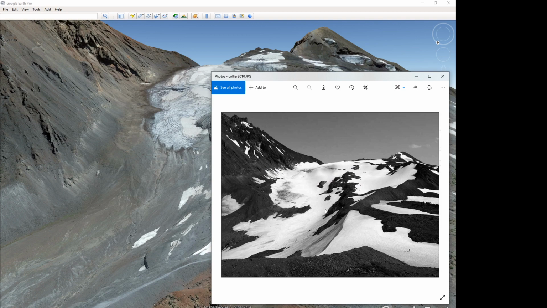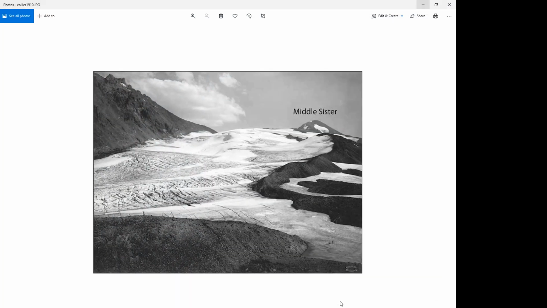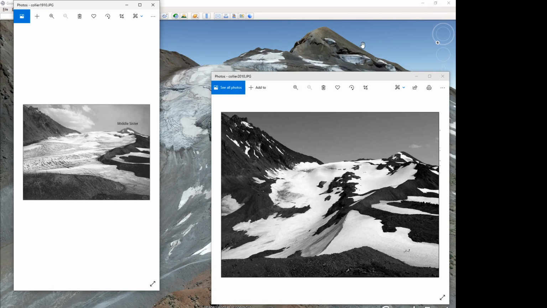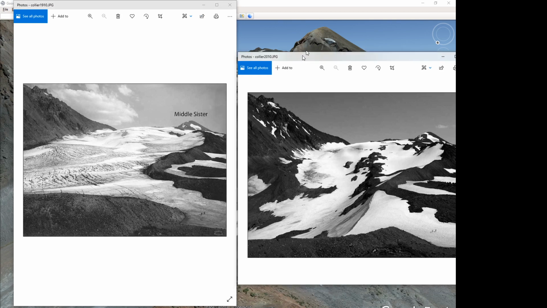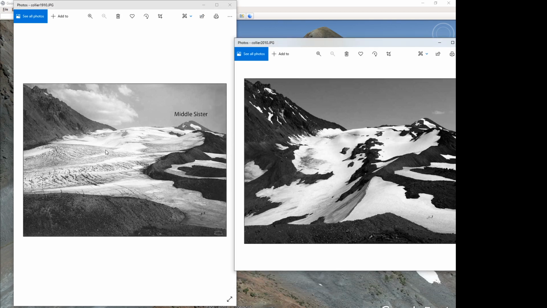Now, we can't see the end of the glacier in both of the pictures. Here's the other picture from 1910. Let's make it a little bit bigger. If we compare these two pictures, the ice is coming down in both of the pictures, but in this 1910 image, we don't see the terminus of it. It's below, it's beyond this picture. However, we can see the edge of the ice on the side.